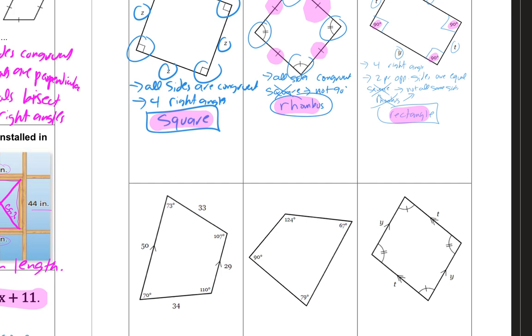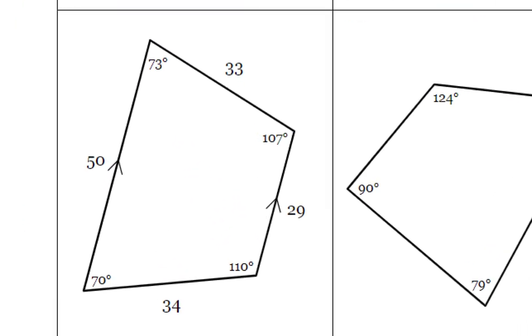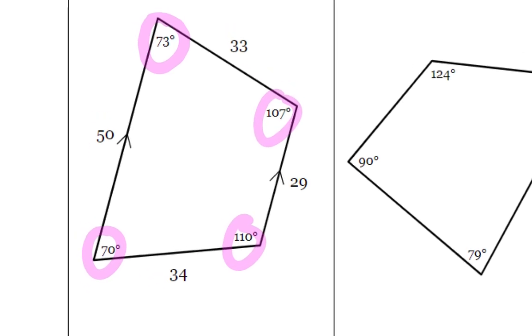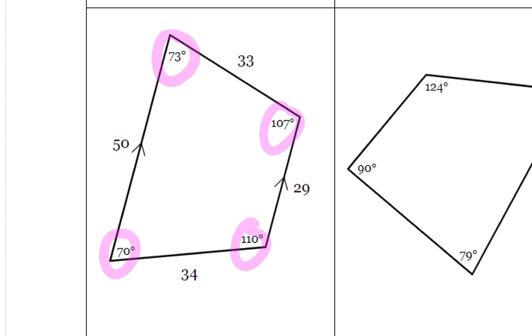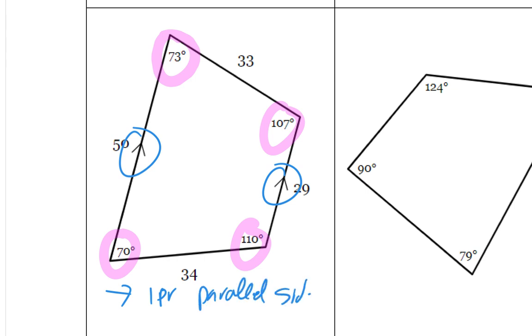All right. Cool. Let's check this one out. What do we know about this? I see that angle, that angle, that angle, that angle. Okay, so no right angles, right? Now, what else do we see? I see this and that. We see 1 pair of parallel sides, right?